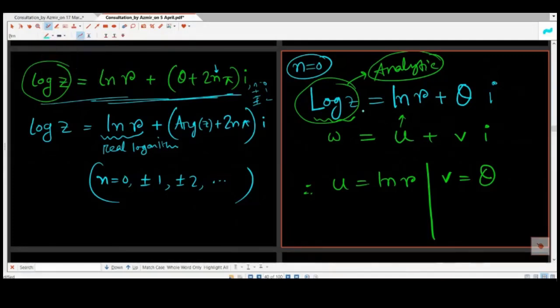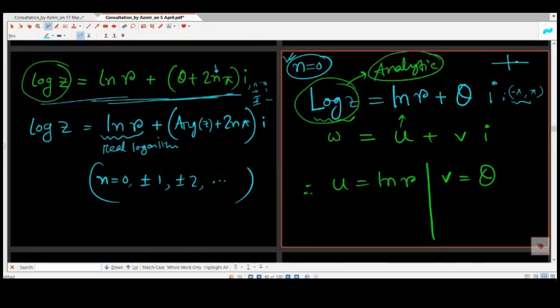We didn't find all branches. We have found only one single branch here because we have no rotation. So this time the argument is in between minus pi to pi, because we know that the principal argument lies in between minus pi to pi. It can be equal to pi, but here we have this restriction.